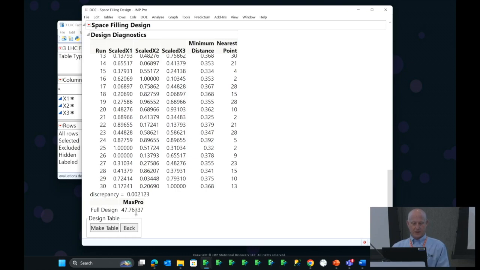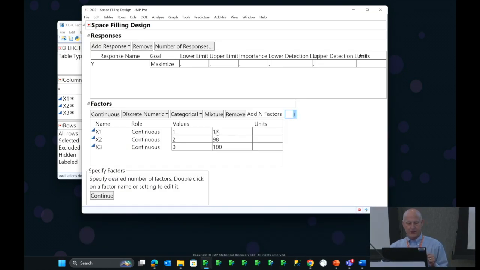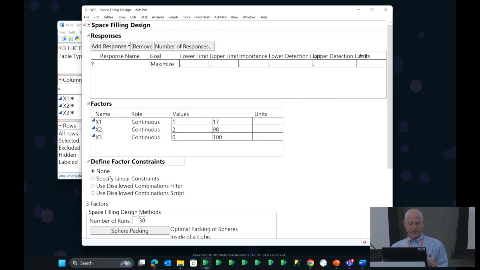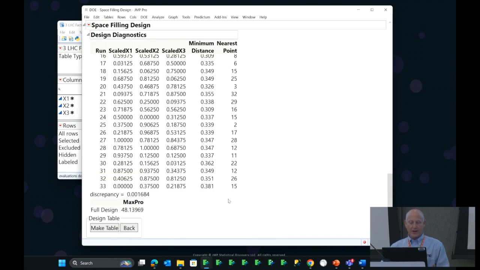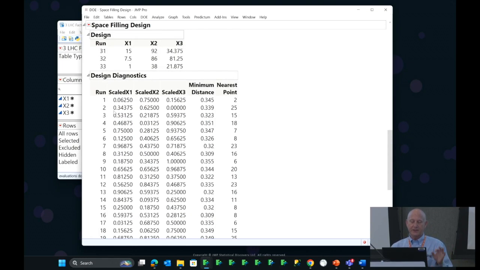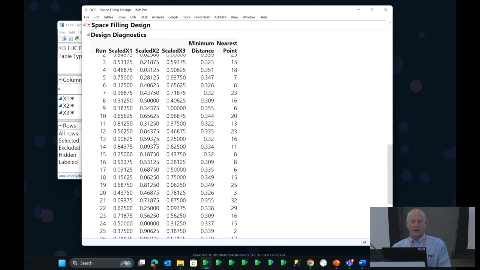There is the design, and I'll make the table for it. And you notice all the decimal places? Okay, I'm going to go back. I'm going to change this to, the number is 33. And this is just having done this, when I worked for the Army, by picking one more than 2 to some power here, notice I get nicely spaced settings on my factors 1 and 2, so nice round decimal places.